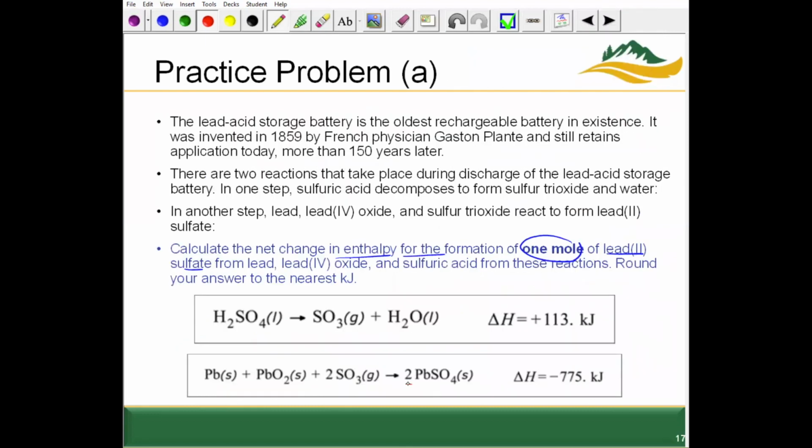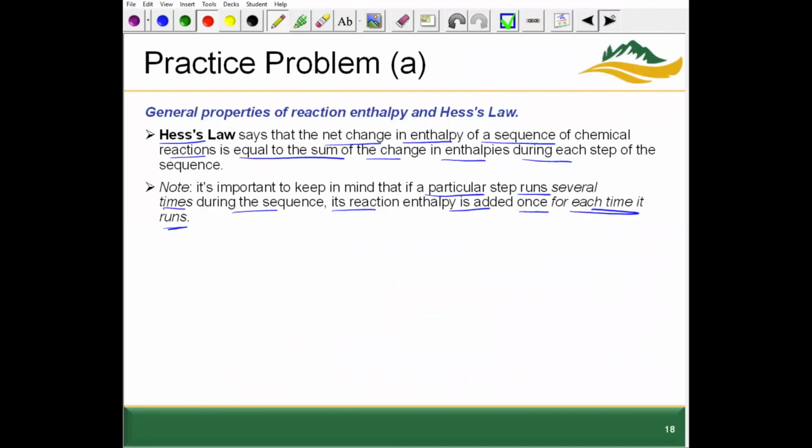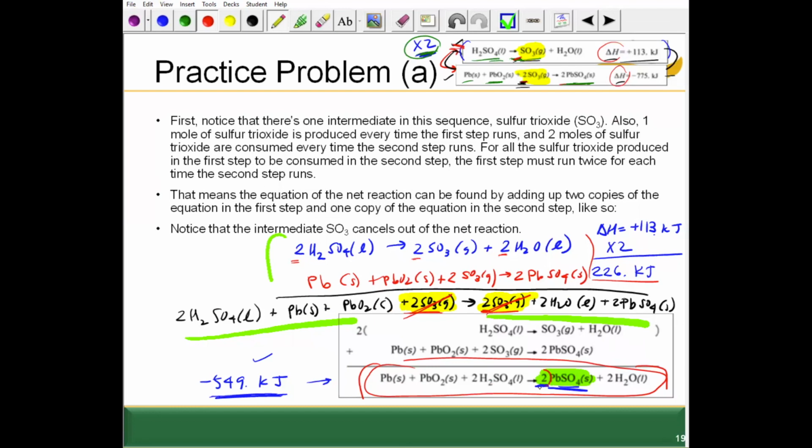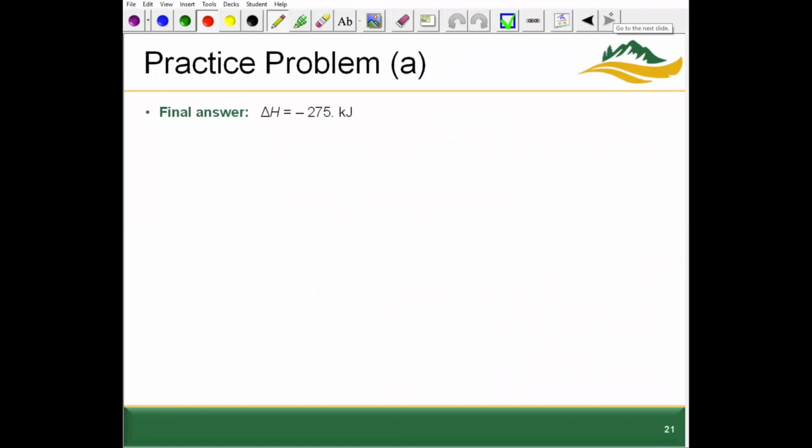So be really careful about these non-1 molar coefficients, especially when we're asked to solve for something on a per 1 mole basis. Whatever you end up finding out is for this form of the reaction. So if that is not a 1 out front, we need to account for that by, in our case, taking this number and dividing by 2. So negative 549 divided by 2, then in the correct sig figs, is negative 275 kilojoules.